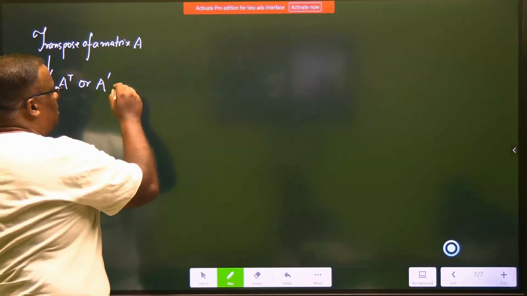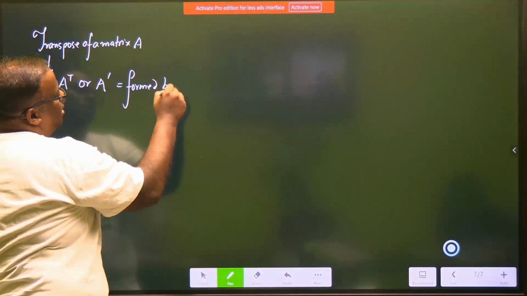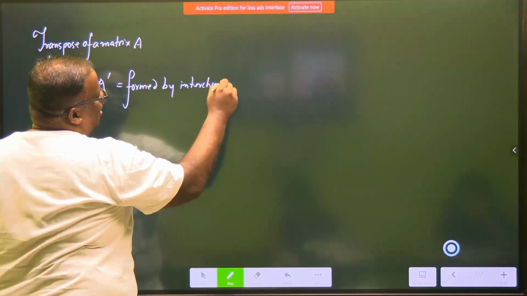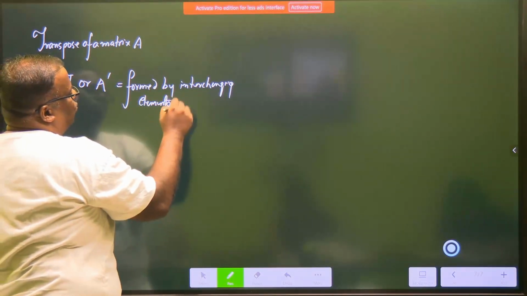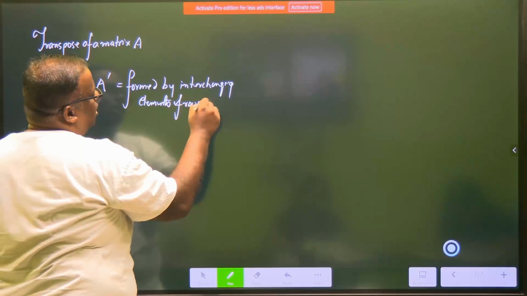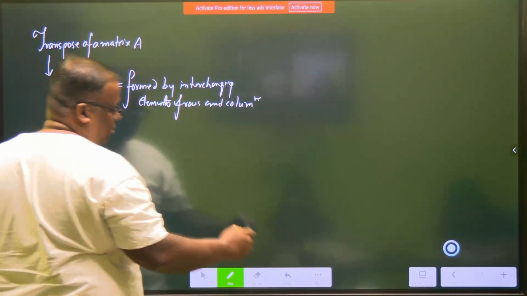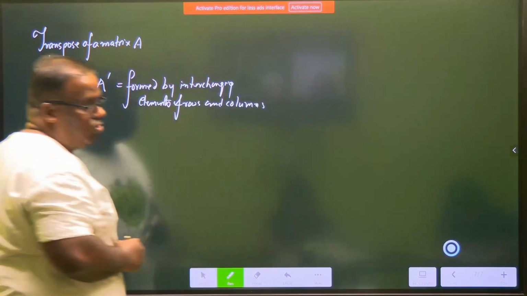And this matrix is formed by interchanging elements of rows and columns. You interchange the elements of rows and columns.